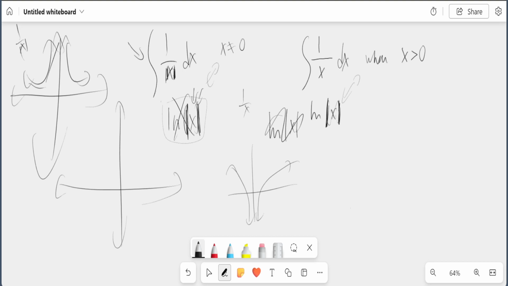So for the antiderivative of 1 over absolute value x dx, you'd have to say ln x if x is greater than 0, and then absolute value of ln x if x is less than 0. It's not that the absolute values transfer. That's not the reason there's an absolute value.